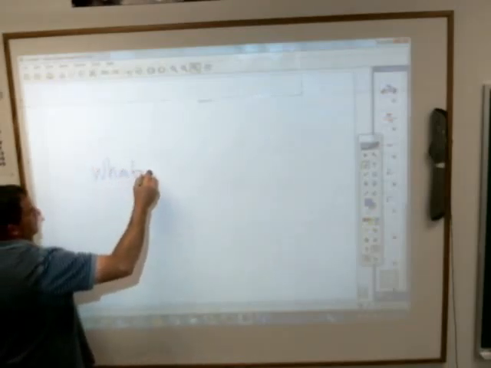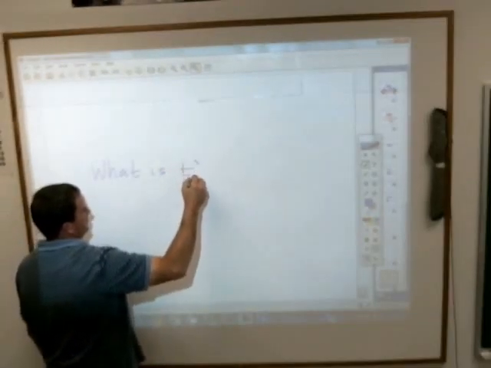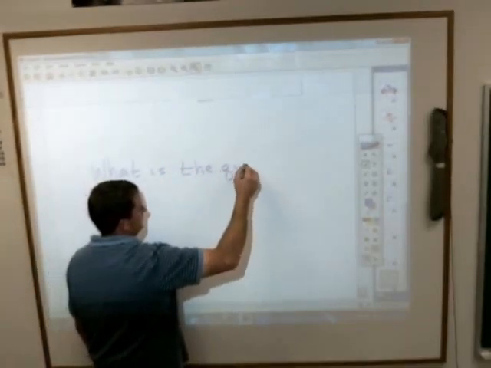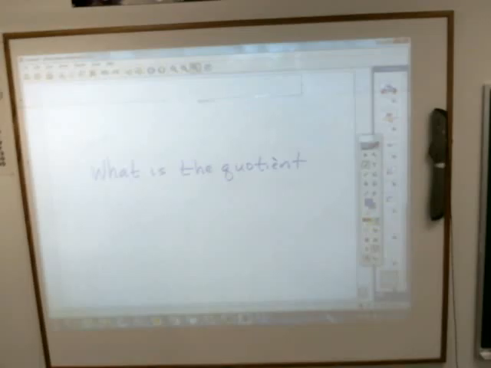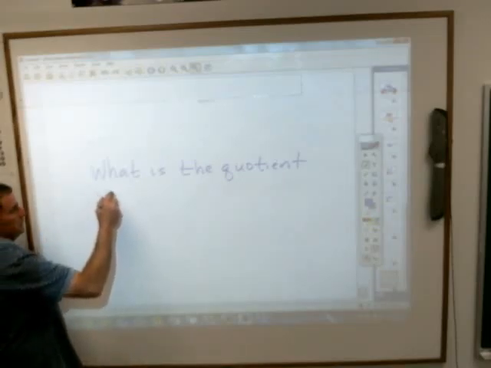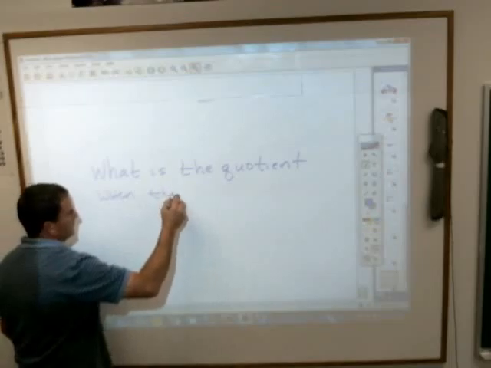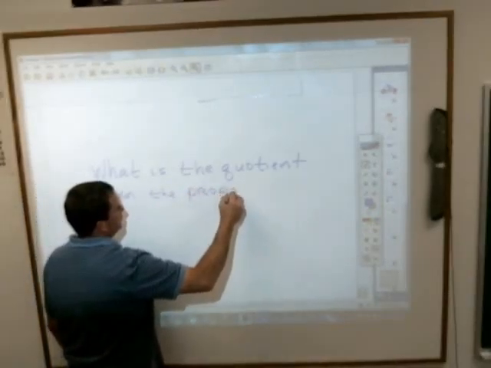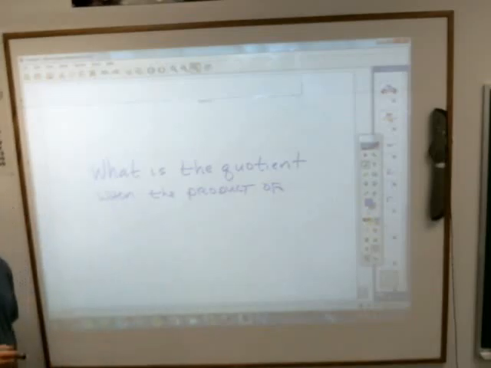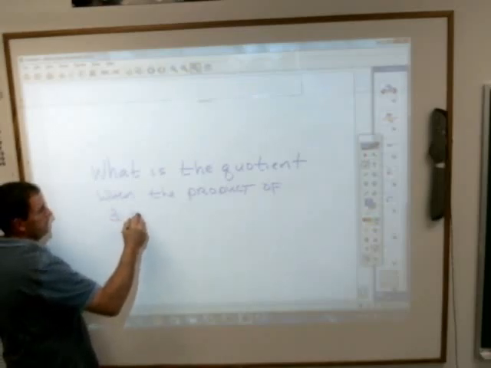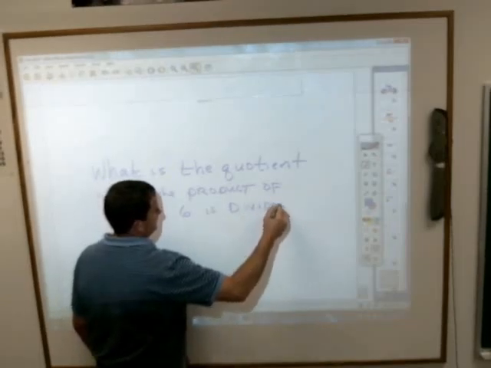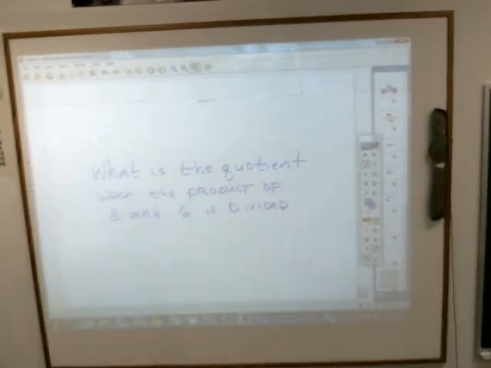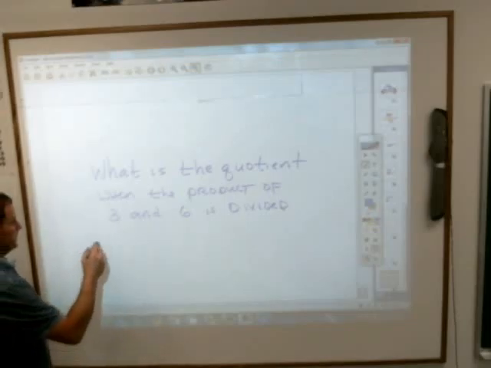What is the quotient when the product of 3 and 6 is divided by the sum of 3 and 6?